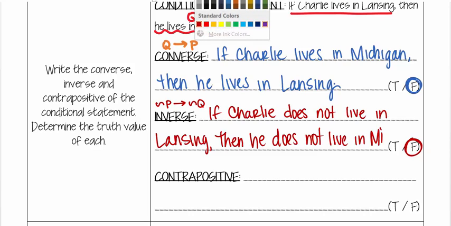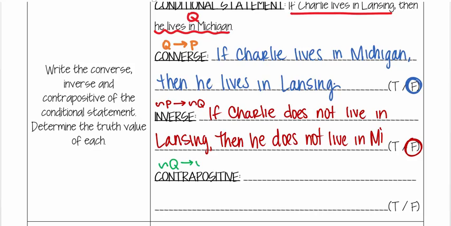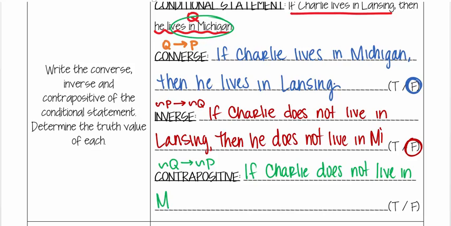All right, last one is the contrapositive. Remember, for this one we're going to do both. We're going to switch the order, so Q comes first, and we're going to negate it. We take this piece of information and throw the word "not" in it. If Charlie does not live in Michigan, then he does not live in Lansing.